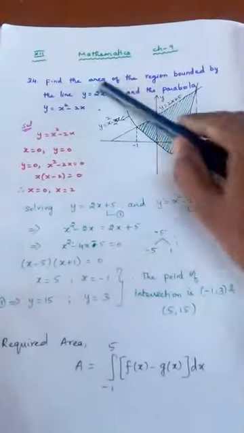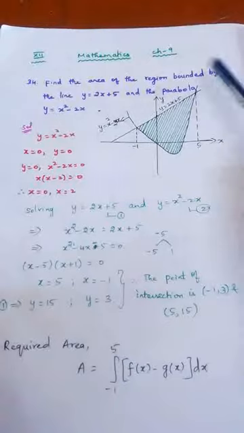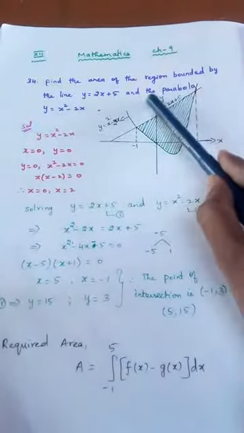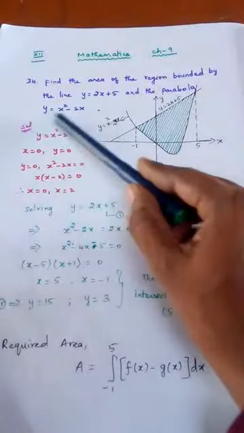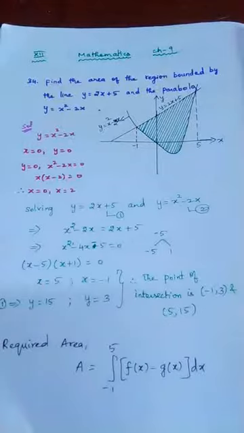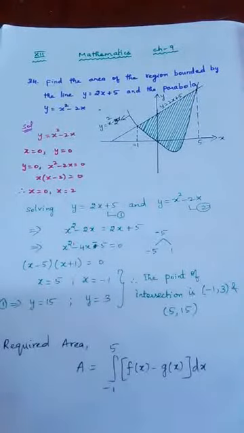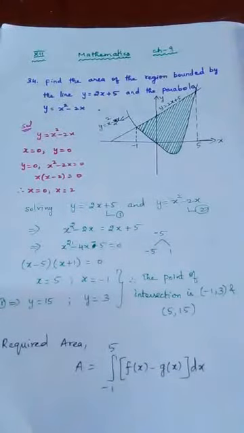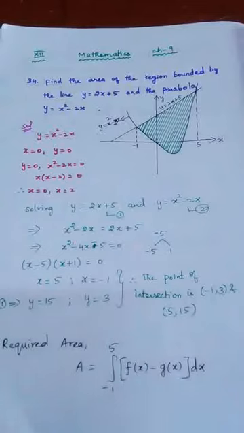Find the area of the region bounded by the line y is equal to 2x plus 5 and the parabola y is equal to x square minus 2x. By reading this question, we can easily understand we have to find the area of a certain region whose boundaries are given to us.